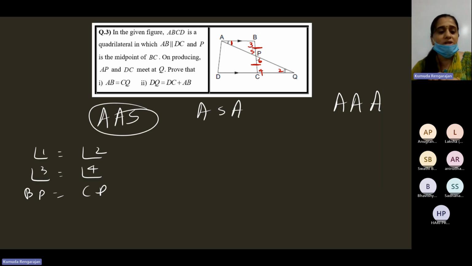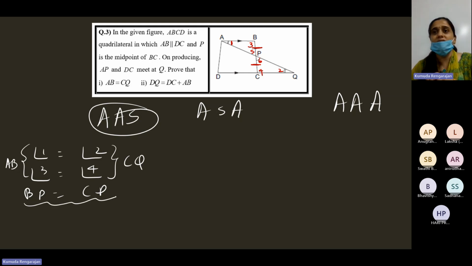But we have not mentioned those 2 sides, the included sides. For angle 1 and angle 3, AB is the included side. For 2 and 4, CQ is the included side, but we have not written that here. So it is 2 angles and some other side. So AAS.